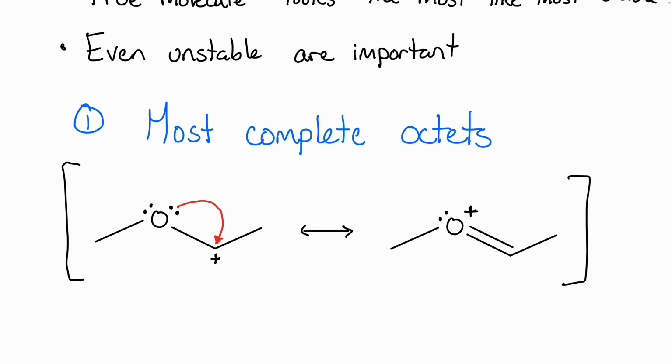Who thinks it's the one on the left? Who thinks it's the one on the right? All right, so the one on the left is indeed less stable. This one is more stable. And why is that? Because remember, carbocations have incomplete octets. So on the one on the right, everybody's got a complete octet. Oxygen's got a complete octet, even though it's got its formal charge of +1, and carbon's got a complete octet, right? So again, your most stable structure is the one that has the most complete octets.